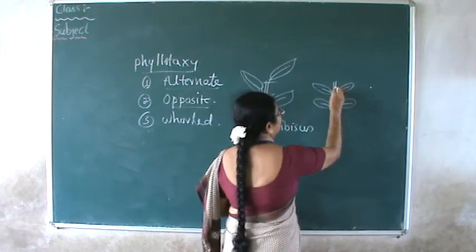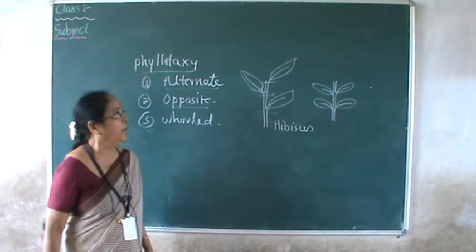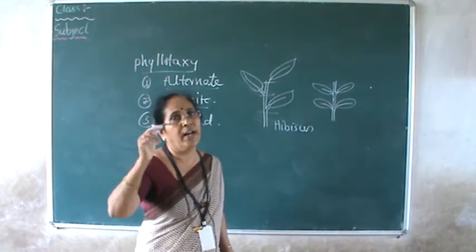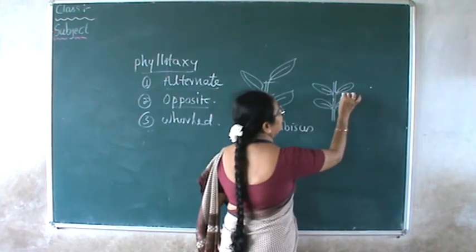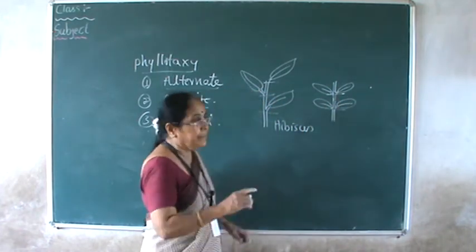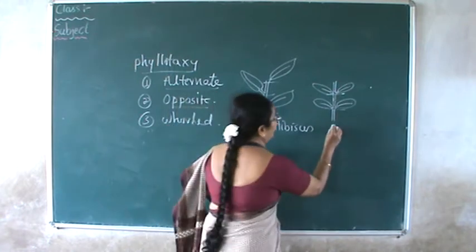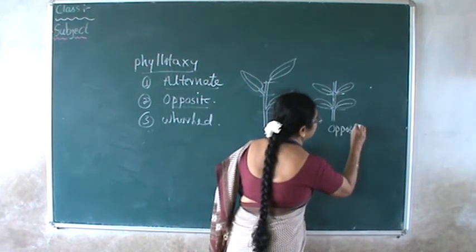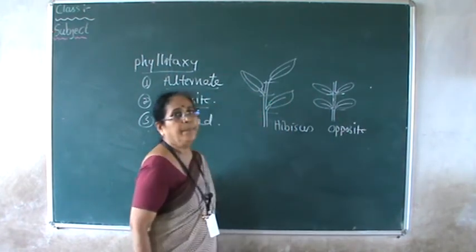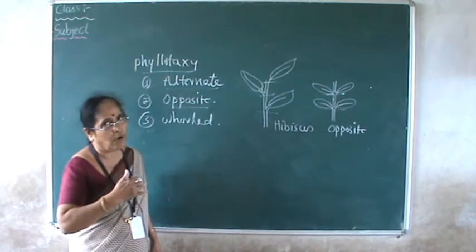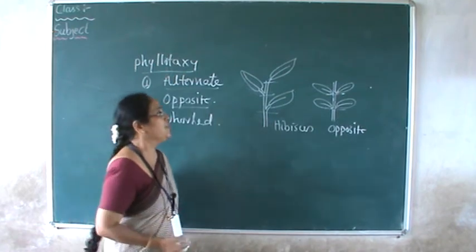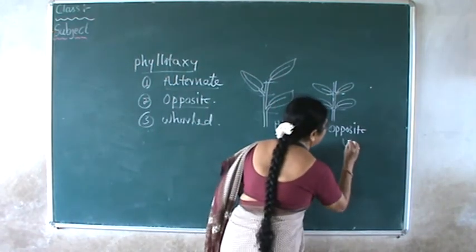Two leaves at every nodal region, and because they are quite opposite to each other, this kind of phyllotaxy is called opposite phyllotaxy. The word itself gives the meaning: the two leaves of the pair are quite opposite to each other. And the example is Vinca rosea.